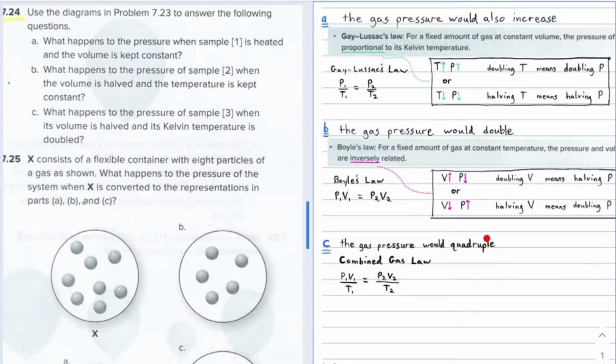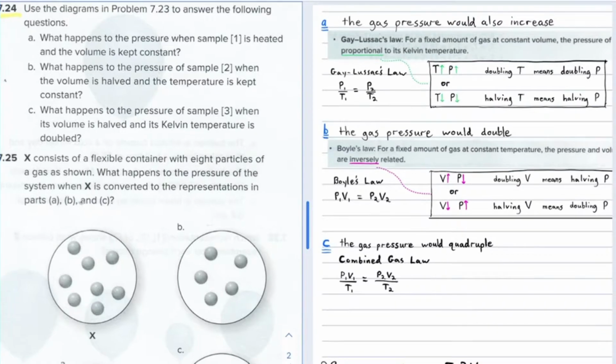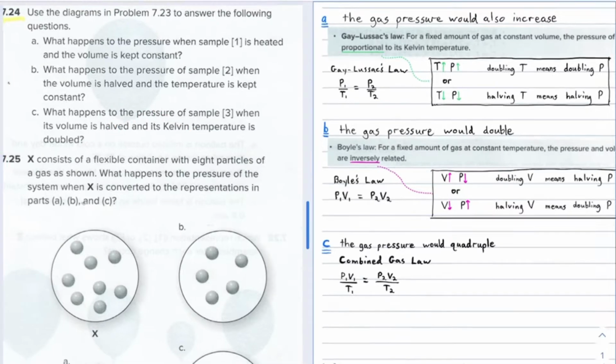Do you get that? If you double it once by cutting the volume in half, and then the temperature effect is to double what you now have, that would be quadrupled. You can think of it as an application of Boyle's law and then an application of Gay-Lussac's law afterwards. Or if you want to get creative, you can figure this out using the combined gas law. But the answer is that the gas pressure would quadruple.